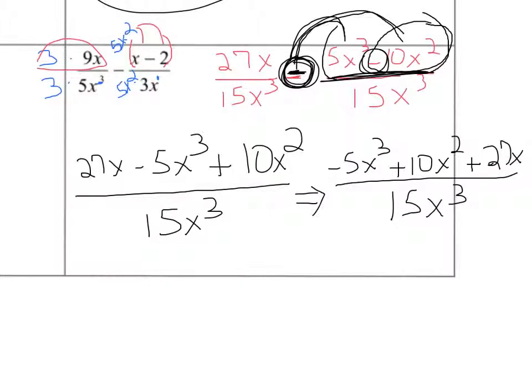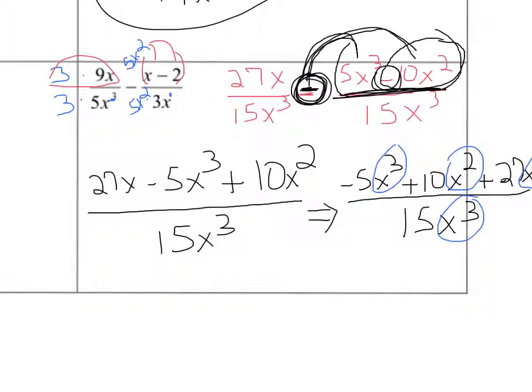Something that I notice on the top of this fraction is that this term has an x, this term has an x, and this term has an x. So we kind of have x's in every part of this fraction. So on the top, I have x in every term. So what if I took out the x from the top and rewrote it?